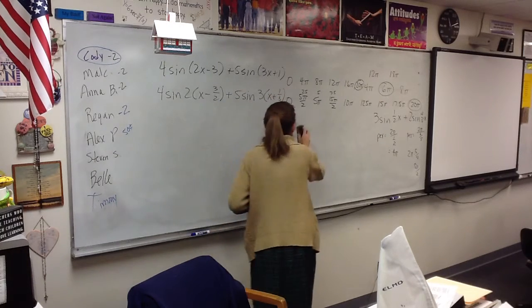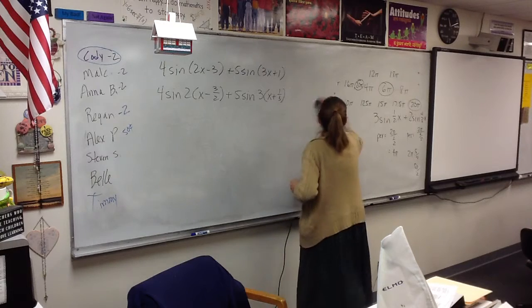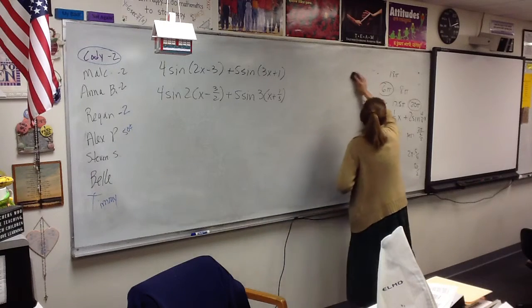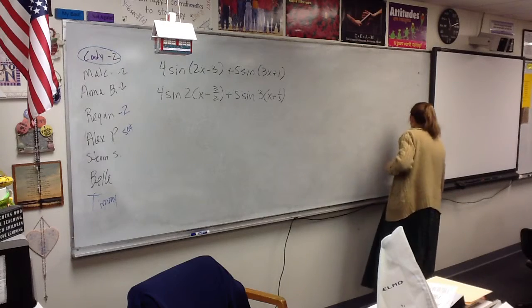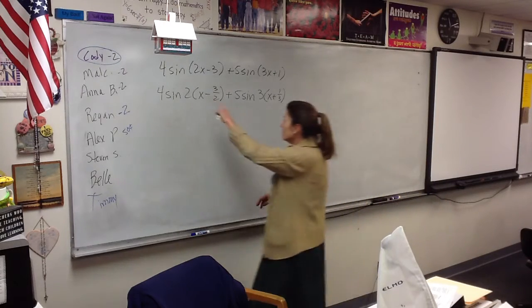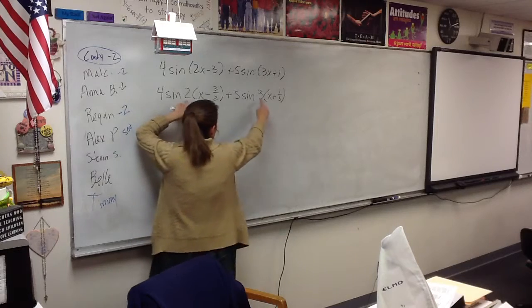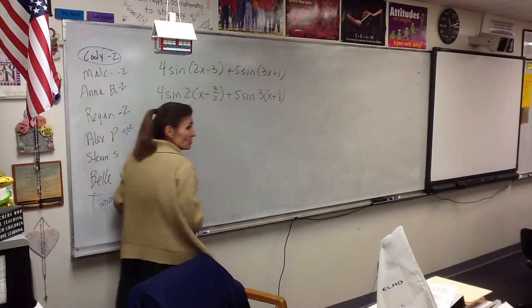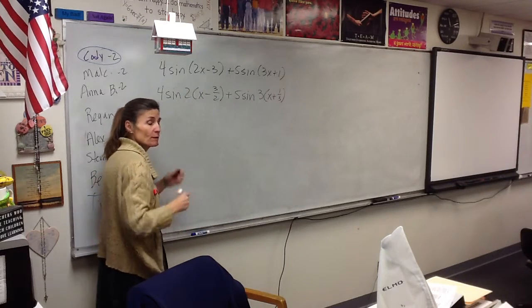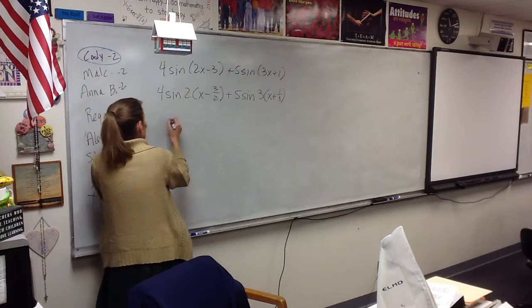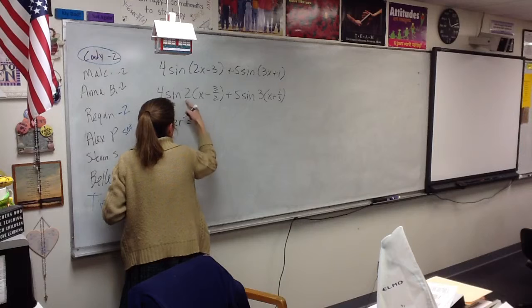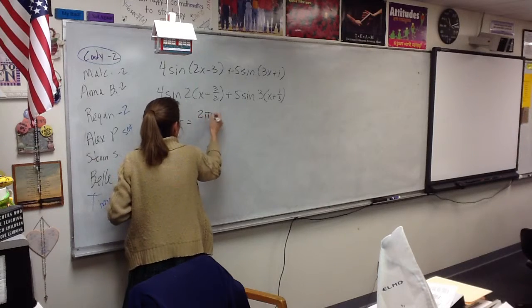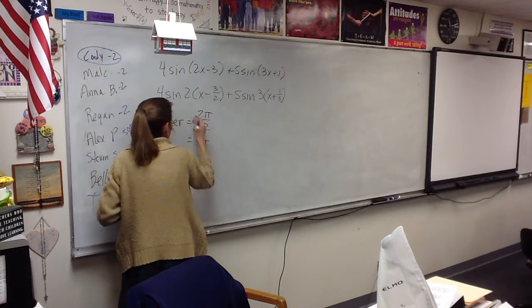Now, in terms of this particular problem, we really only care about one number in the equation, or 2 numbers, I should say. We care about this guy and this guy, right? Those are the only ones we care about in terms of determining period. So what's the period of this one? 2 pi over 2, which is pi.